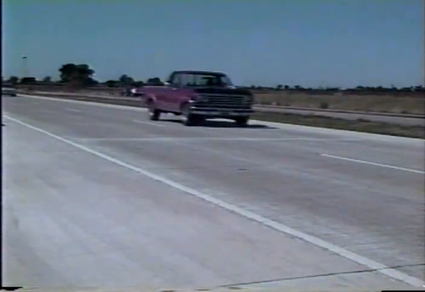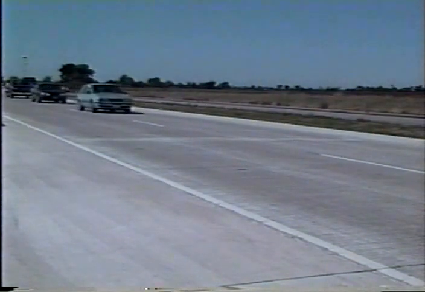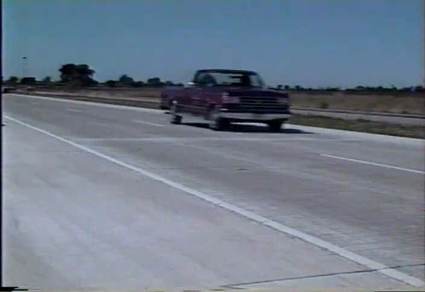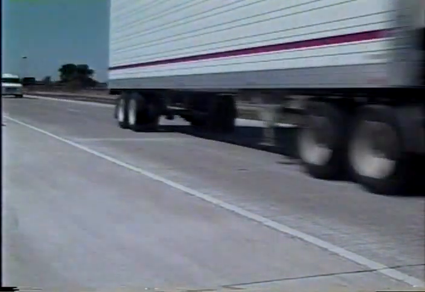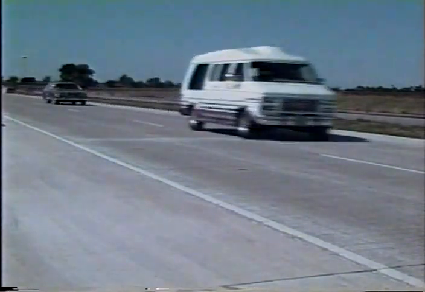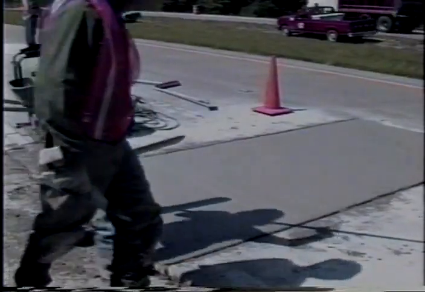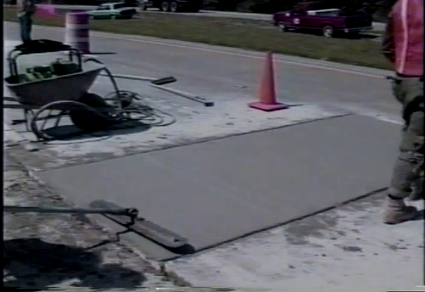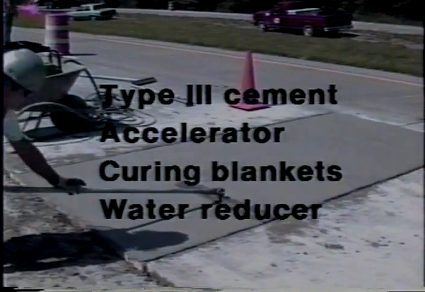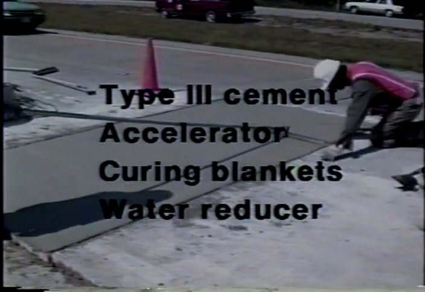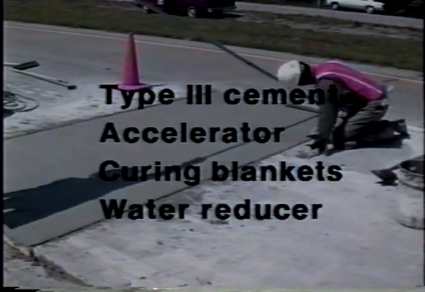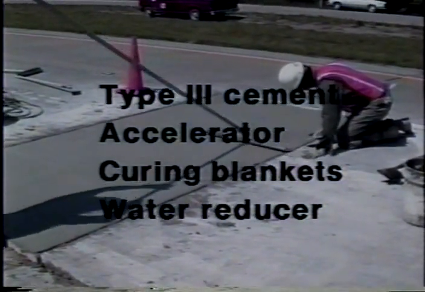And overlays or reconstructed slab sections can be open to traffic within 6 to 24 hours when fast-track mixes and paving procedures are used. The methods of obtaining accelerated strengths include using a Type 3 cement, adding an accelerator to the mix, employing curing blankets, and using a water reducer.